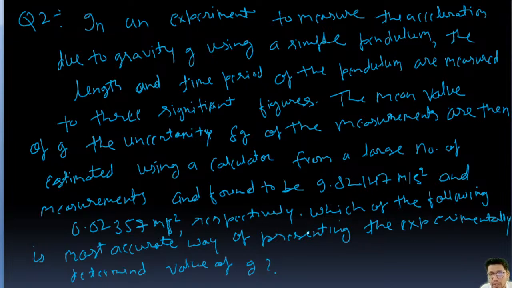Which of the following is the most accurate way of presenting the experimentally determined value of g? This we need to find out. I will explain it to you.